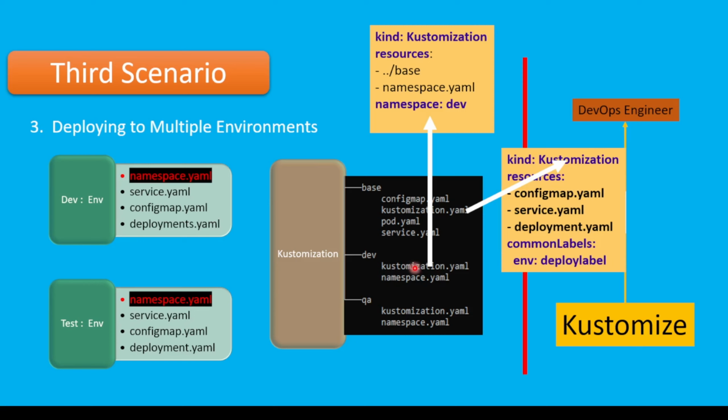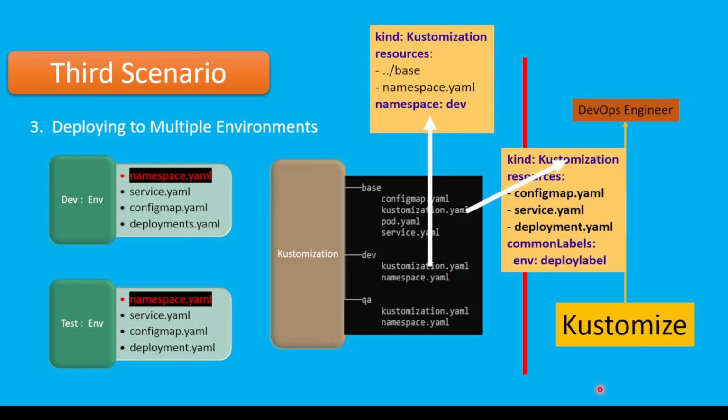And if you look into the customization that is specific to an environment, you will represent where your base directory is, and then you need to define your namespace.yaml explicitly under the resources, and then you can define in which environment. The namespace is nothing but your virtual cluster in Kubernetes, where you are defining where your resources have to get deployed. You are defining it like namespace colon dev.